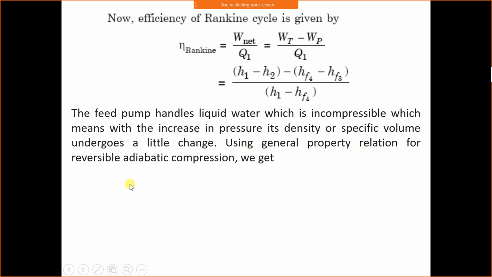Using general property relation, for the reversible adiabatic process, we get heat supplied is equal to dH minus V dP. Now, the process that takes place in the pump is isentropic, therefore the heat term is equal to 0. Therefore, we can write dH is equal to V dP.